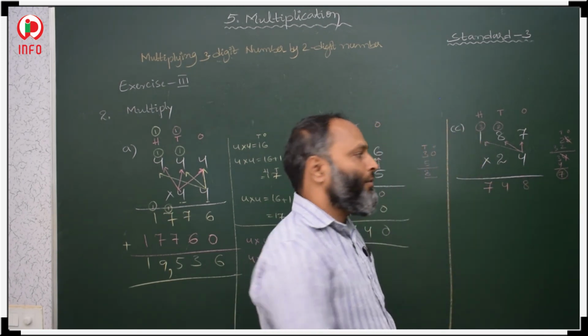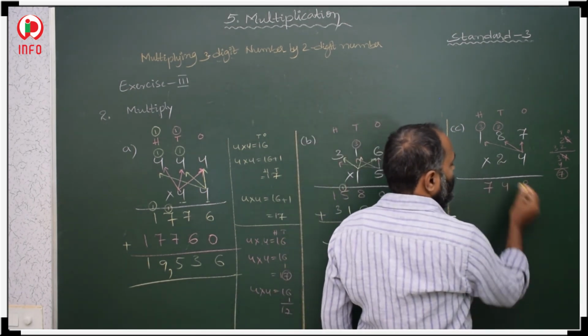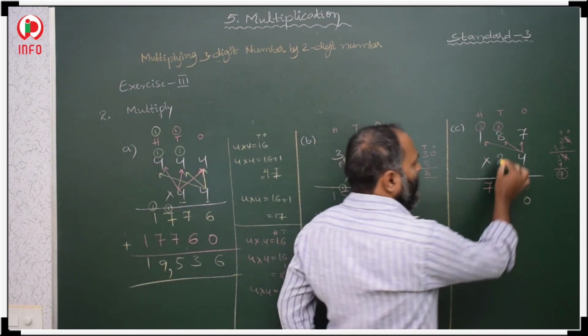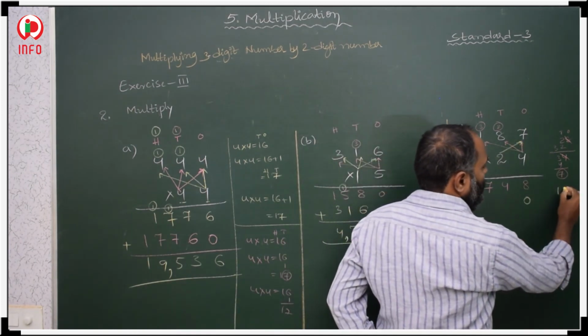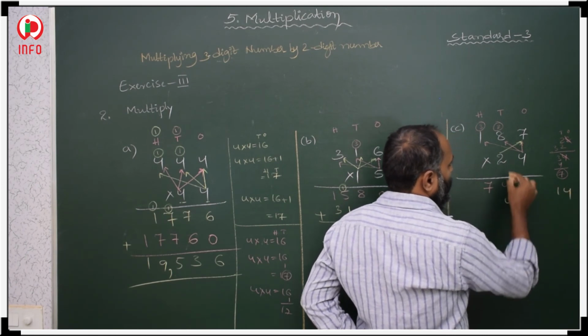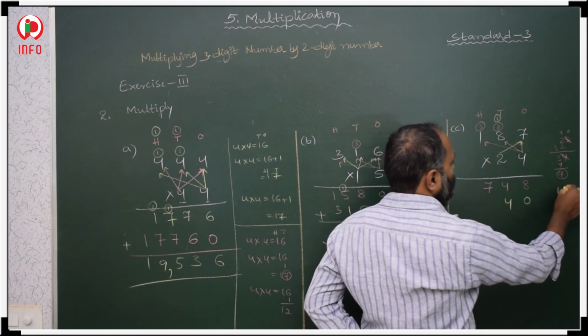And now we are going to start with tens place, start with 0 here. Then 2 7s are 14. This 4 we keep here, and this 1 here.